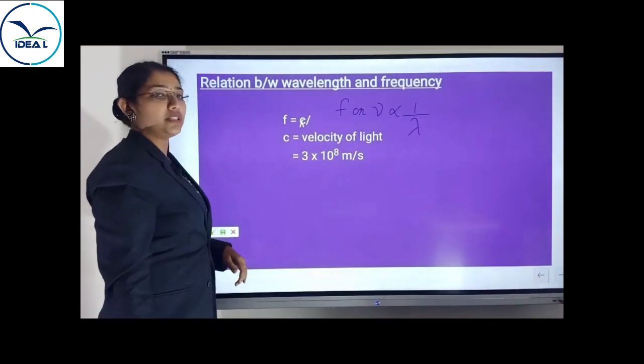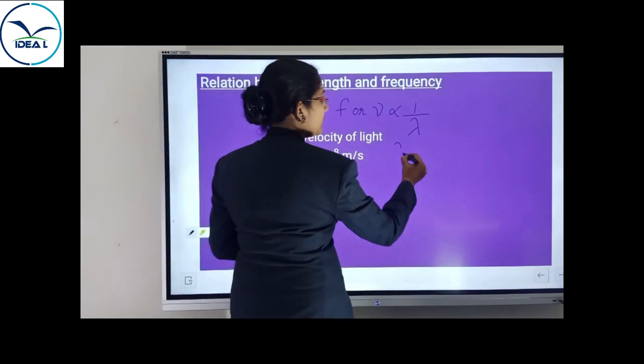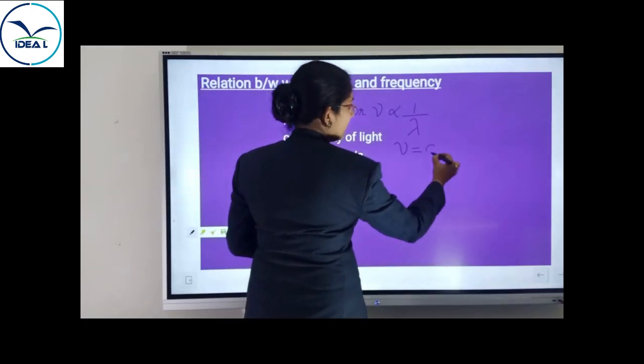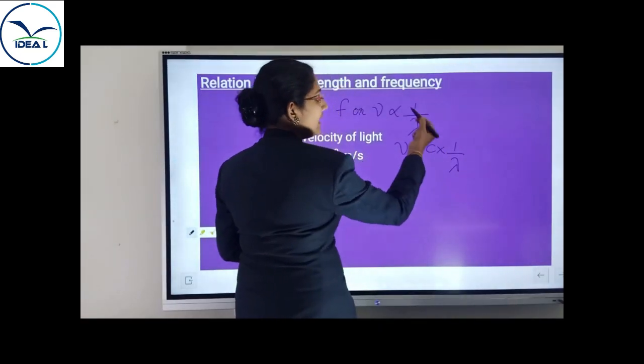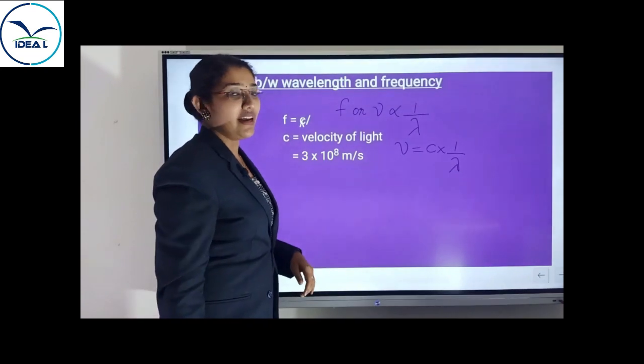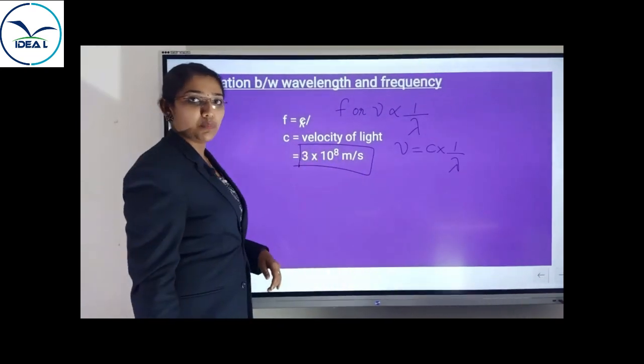Then nu is equal to a constant into 1 by lambda. Here the constant is c. c is the velocity of light. Its value is 3 into 10 raised to 8 meter per second.